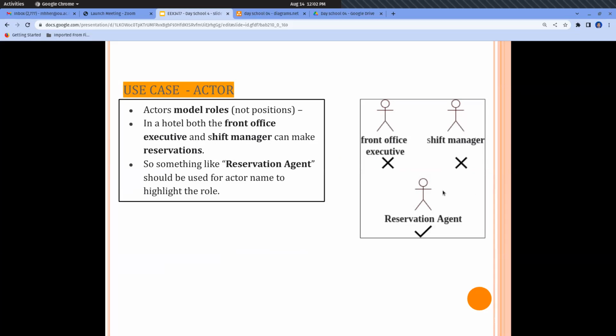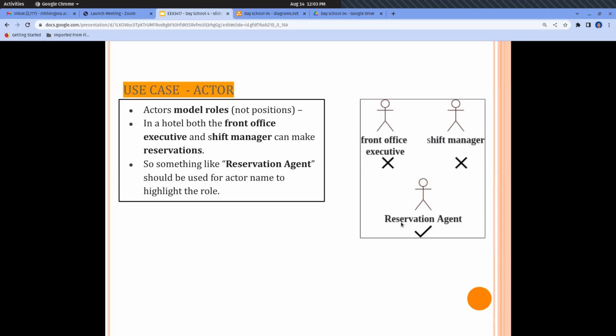This is about reservation, the person who makes the reservation.